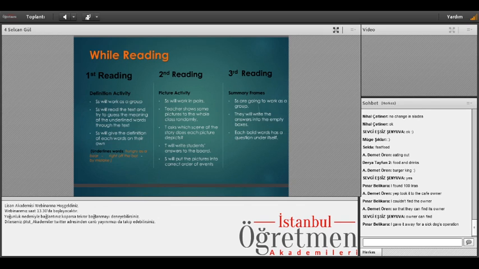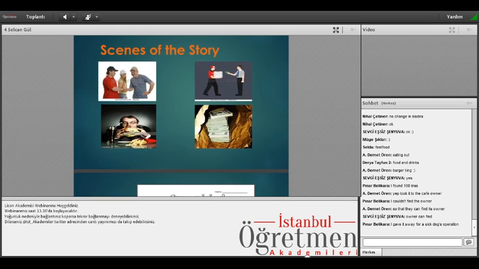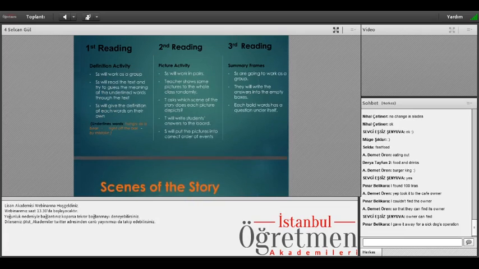And for the second reading, the teacher shows four cards to students, which depict the events in the story. And by this activity, you can also teach simple past tense, because the students should put the events into correct order, as you can see in this picture. This is the scene of the story, and students are supposed to put the events in order using simple past tense.